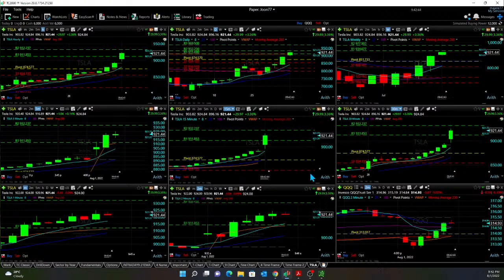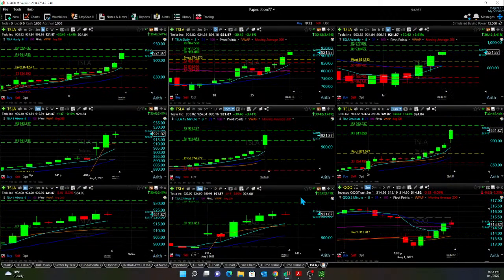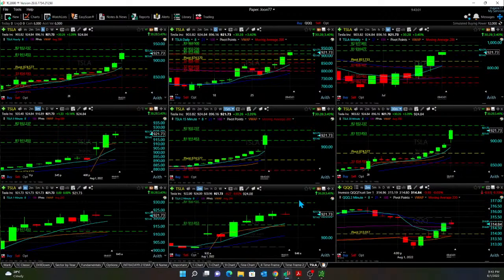So do remember though, if there were to be anything here of a setup when it touches R2, I would take my profit instantly because there's a high potential of it dropping down.